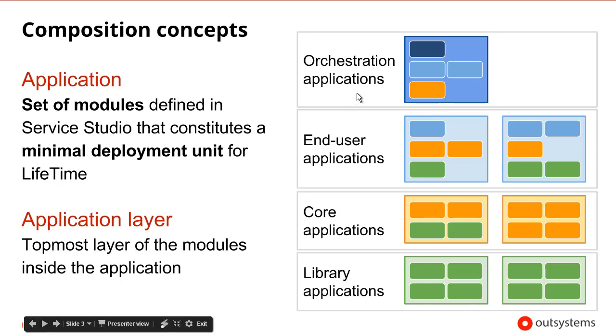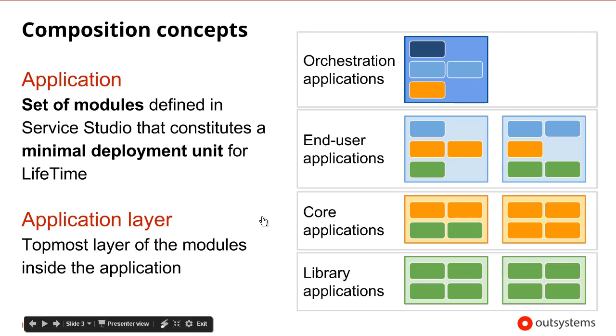So here we can see an orchestration module, so this application becomes an orchestration application. There are also end user modules and core modules in this application, but we think of it as an orchestration application because the module with the highest layer can have the largest effect on that overall application.